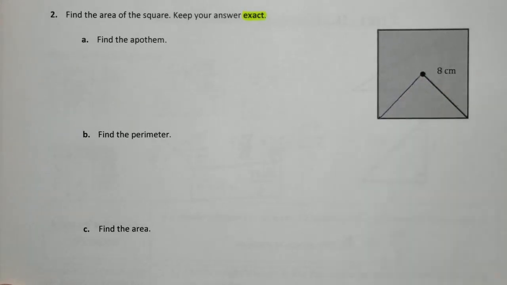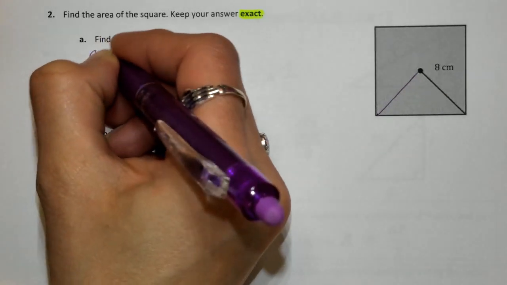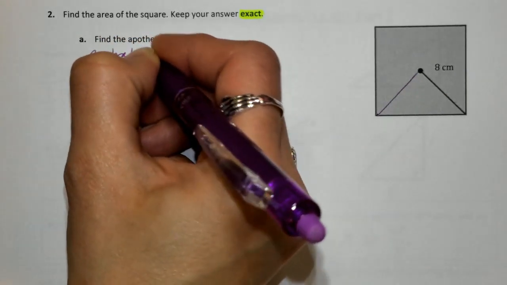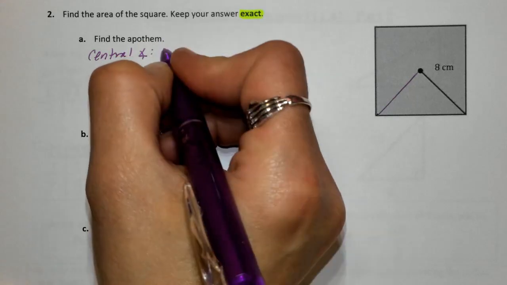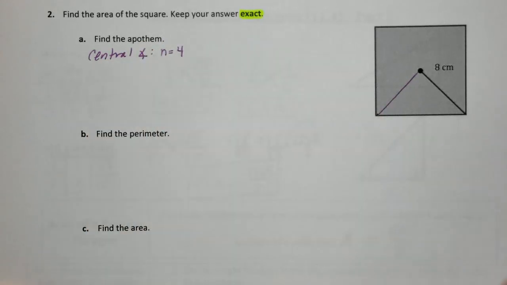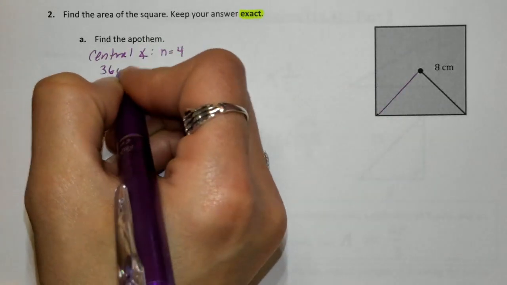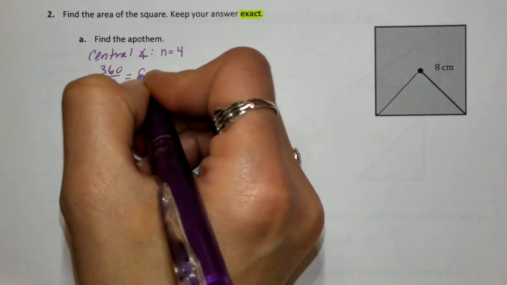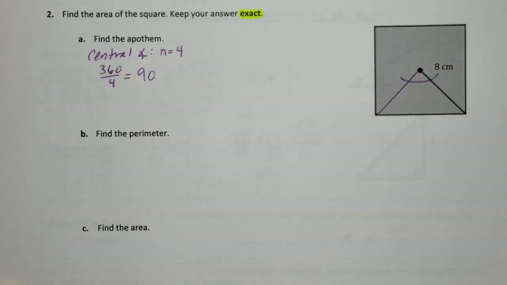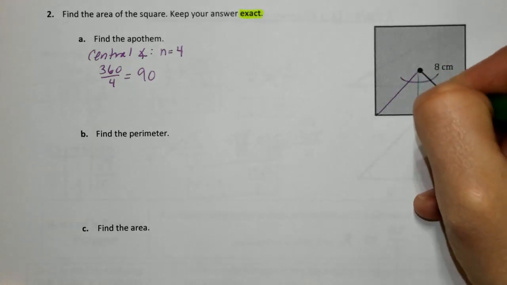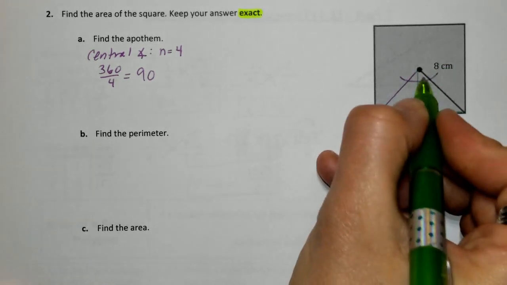Okay, so we're going to find the central angle of this triangle here. N is 4. So 360 divided by 4. Central angle will be 90 degrees. Then step 2, let's take this right triangle.